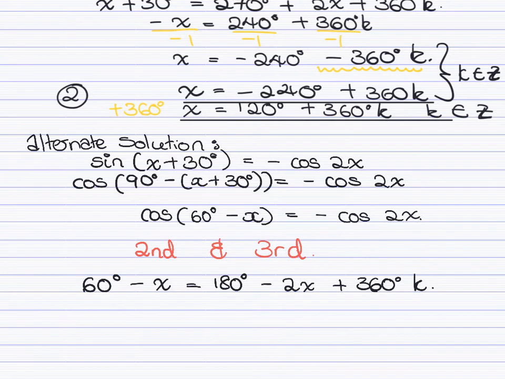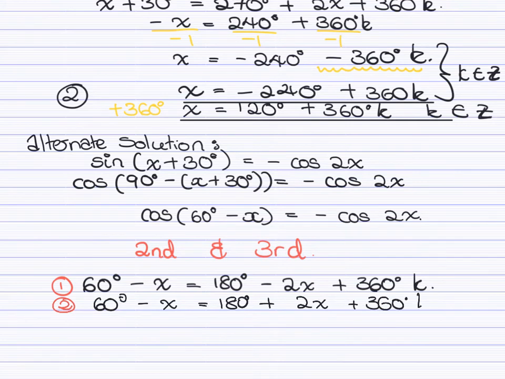This would be your first general solution, and that's the one in the second quadrant. The second general solution, which is in the third quadrant, would read as follows: 60 degrees minus x is equal to 180 degrees plus 2x, again plus 360 degrees k, and k is an integer.